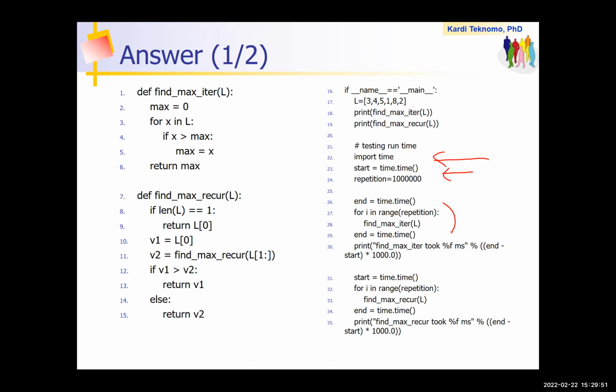At the end, you put end equal to time, and then you subtract the start from the end. All of this you just copy, and then you repeat the same thing with 1 million repetitions, but this time you use recursion. Then you check which one is faster.